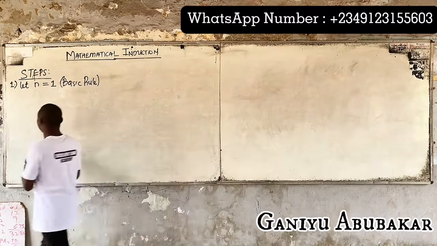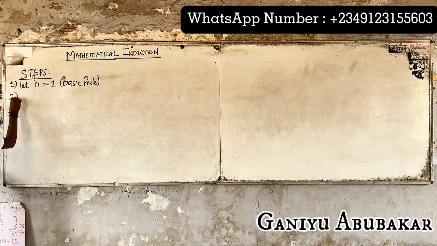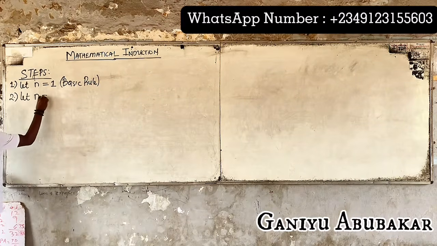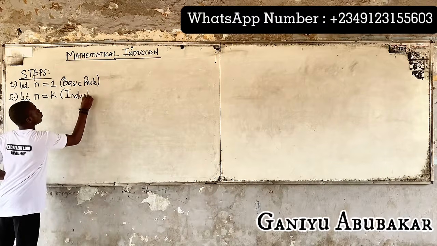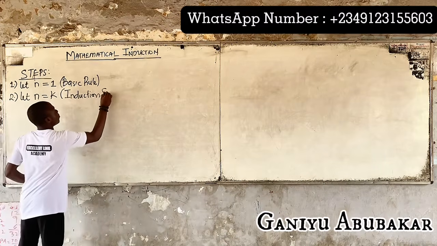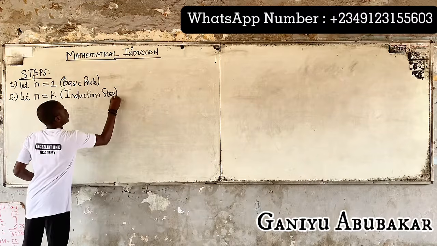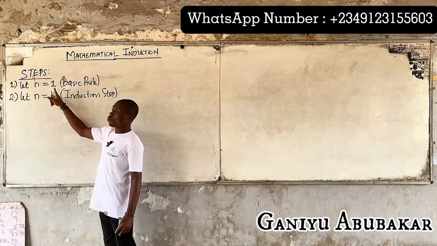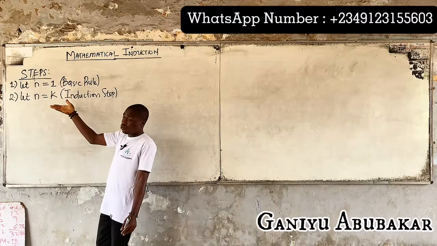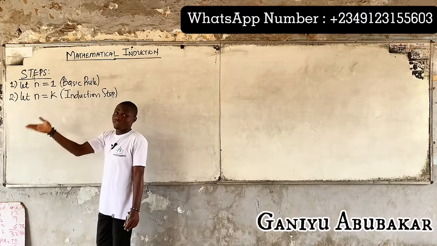Step 2 is called the induction step. Let n be equal to k. So we said there are 3 steps. Step 1: let n be equal to 1, the basic step, and you check that the left hand side equals the right hand side.